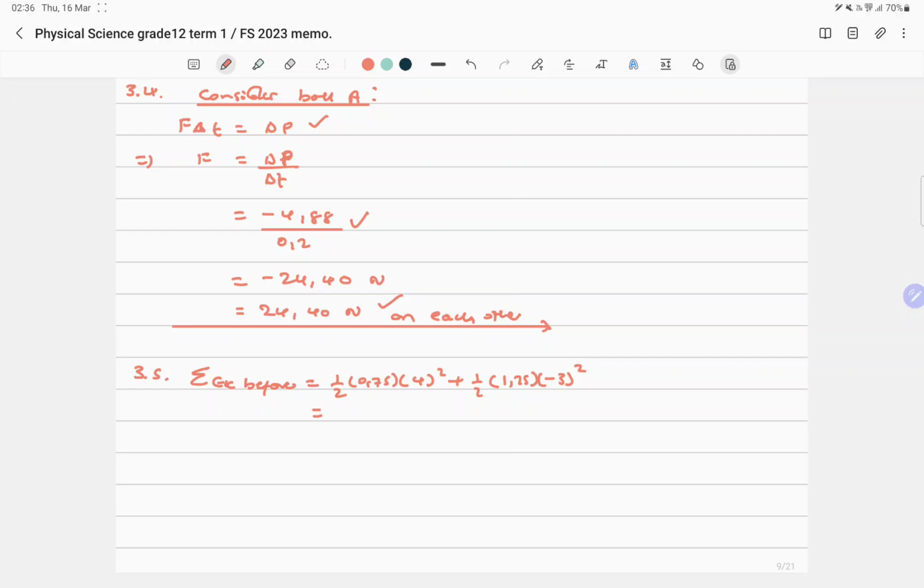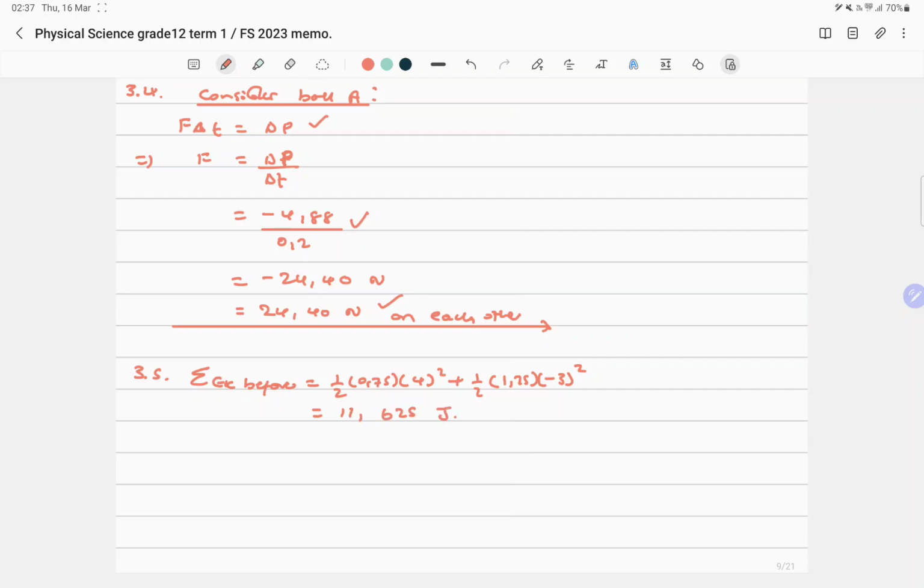0.5 into 0.75 into 4 squared, plus 0.5 into 1.25 into minus 3 squared. So the answer here is 11.625 joules.